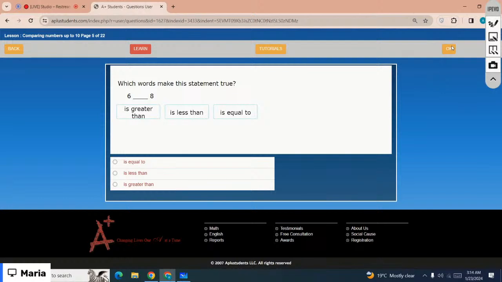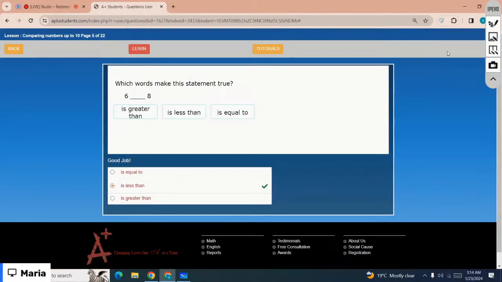Got it? The correct option is 6 is less than 8.